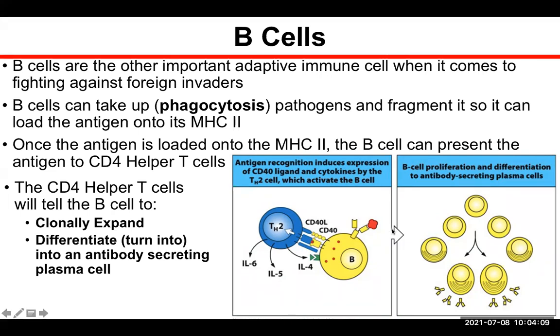Because its B cell receptor only recognizes one specific thing, it needs to make many copies of itself. So it's going to clonally expand. And a fraction of those clonally expanded cells are going to differentiate into an antibody secreting immune cell called the plasma cell. A plasma cell is just a specialized B cell that is able to secrete its antibody.